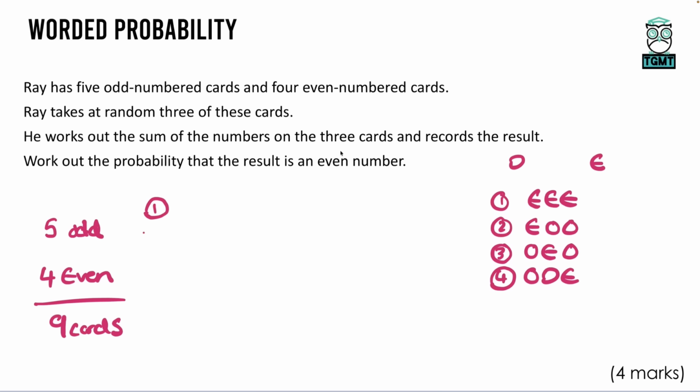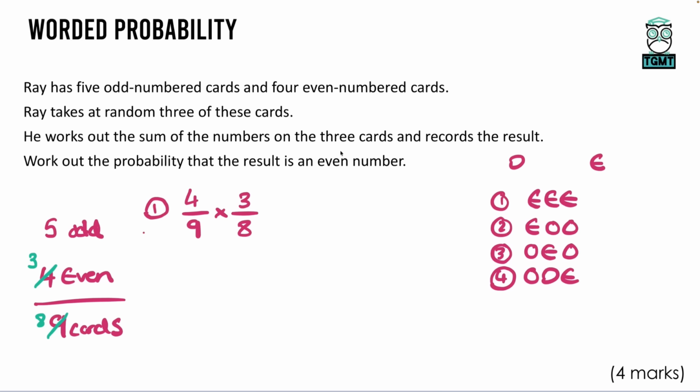For option 1, 3 even cards. Well, there are 4 out of 9 even cards. Now if I take one of those even cards on the first pick, this drops down to 3 and this drops down to 8. So on the next pick, it would be 3 out of 8.